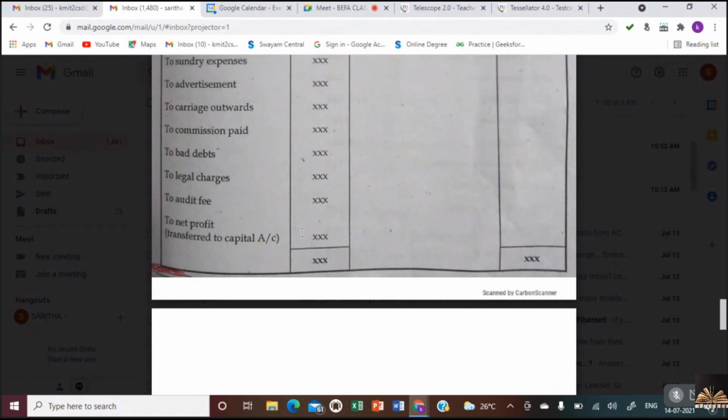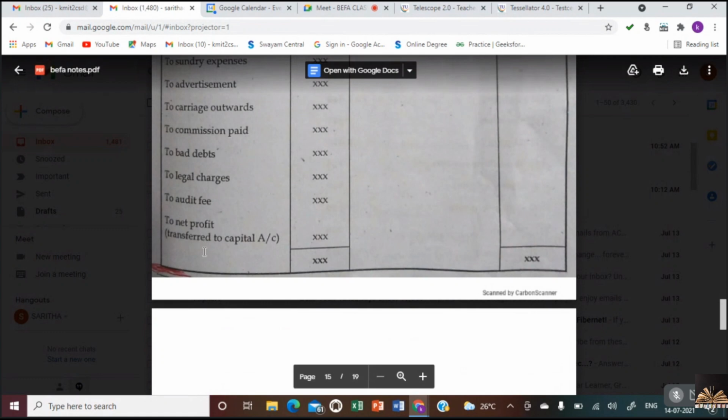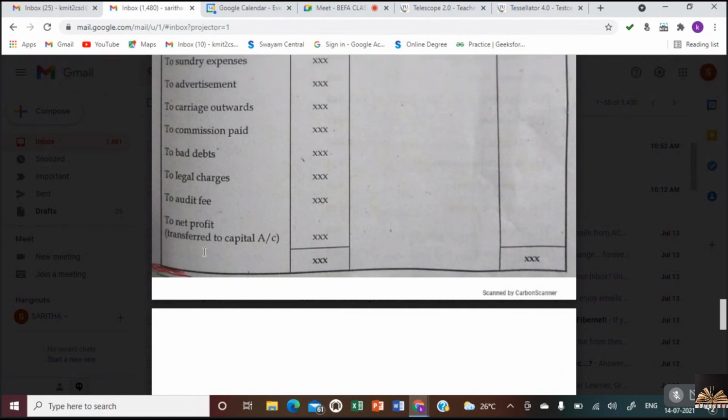We remove the total of the debit side from the total of the credit side to get the balancing figure, net profit. This is known as net profit. The balancing figure in the trading profit and loss account is known as net profit.